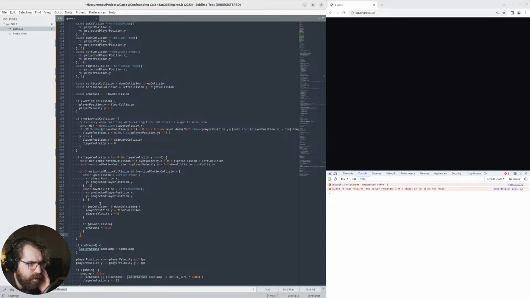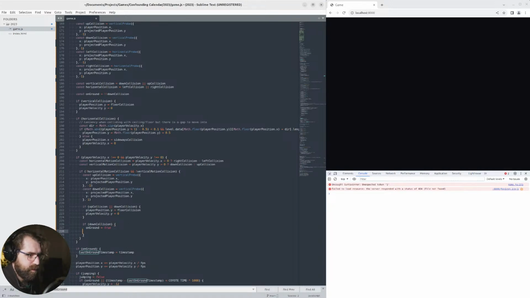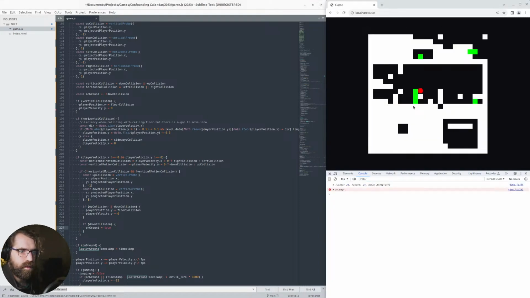That's got one. Oh, here. Okay. Ooh, floor collision is not defined. That's true.